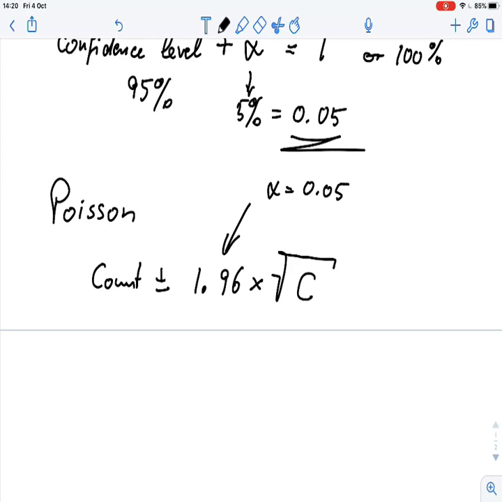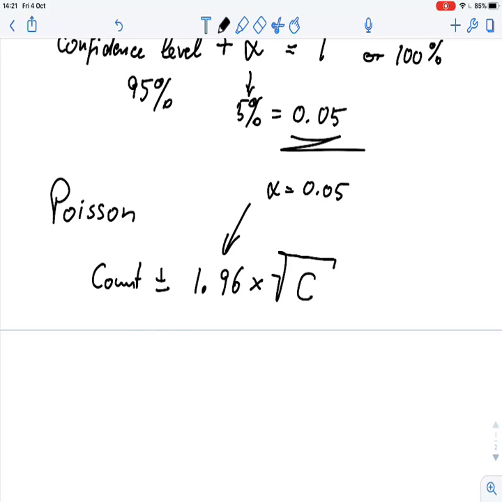So, for example, and this is a very rough figure or very rough equation. For large numbers, if C is pretty large, it works very, very well. If C is very small, then it doesn't work well. Simply because the conditions of the Poisson distribution are not really met by this, only when the numbers are large.